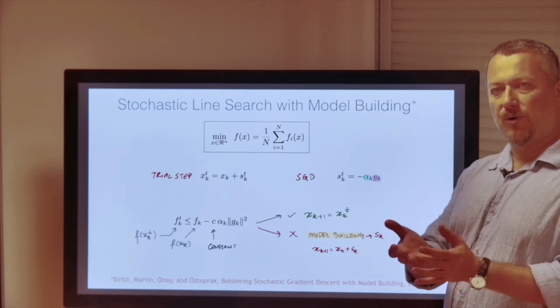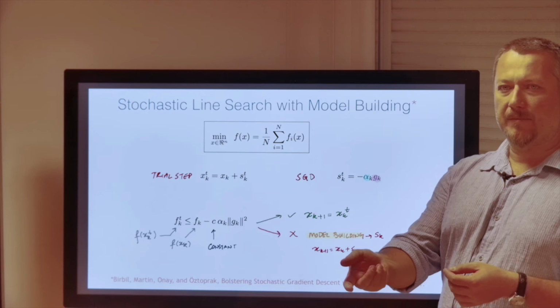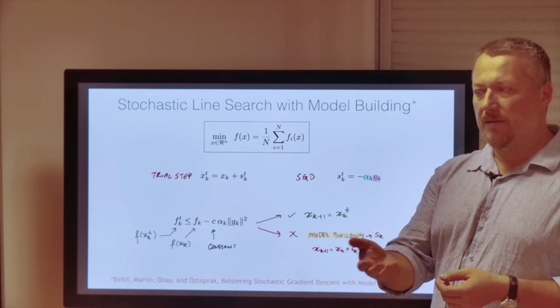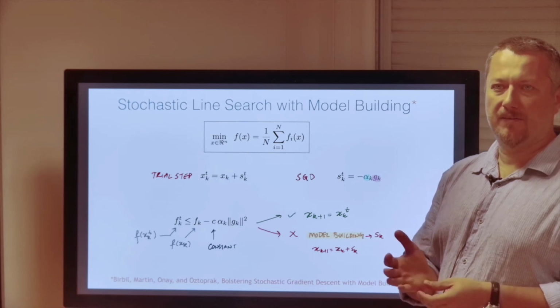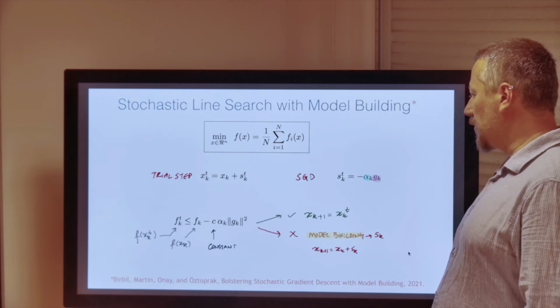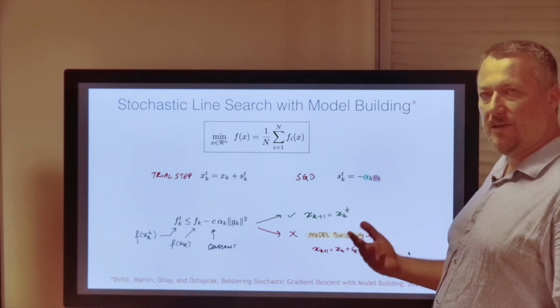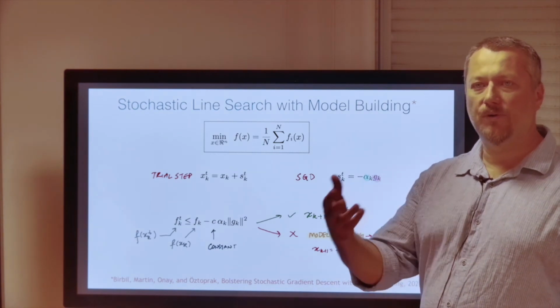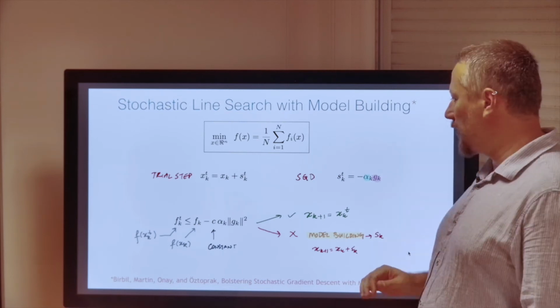If this model approximates the function well, hopefully the step that we take decreases the value of the function fast enough that the algorithm converges. But the difference is that we are going to do it just once. We build the model and move to its minimum if the Armijo condition is not satisfied.